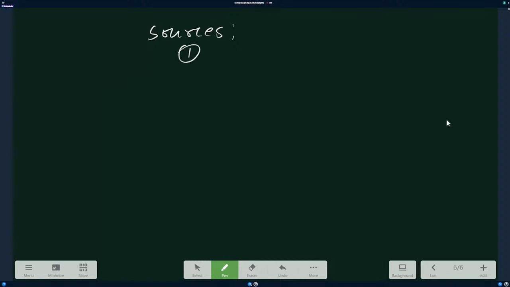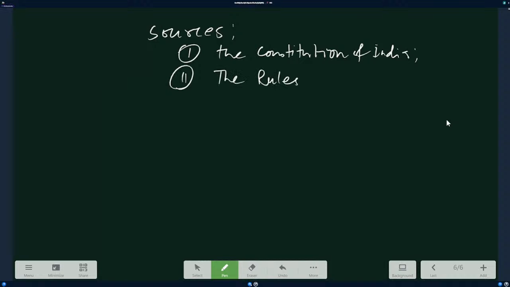First, the Constitution of India. Second, the rules and procedure of the business of the Lok Sabha.